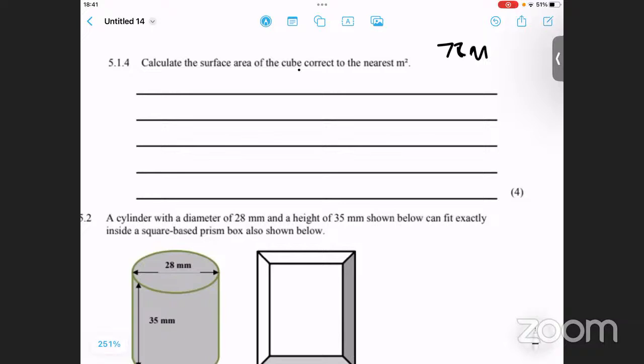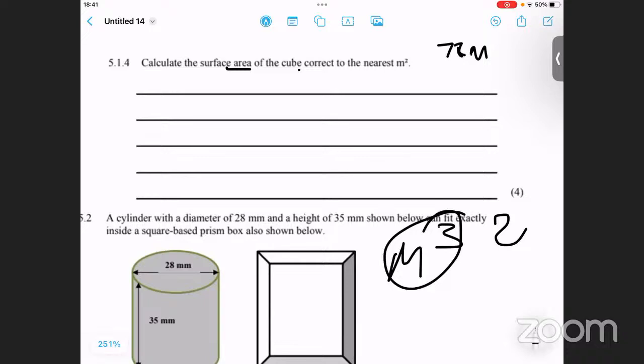Ma'am, do we cube root the 7? We are calculating the area, so our final answer must be a square. If you cube root it, we end up with meters cubed. Now it's a volume, it's no longer an area.